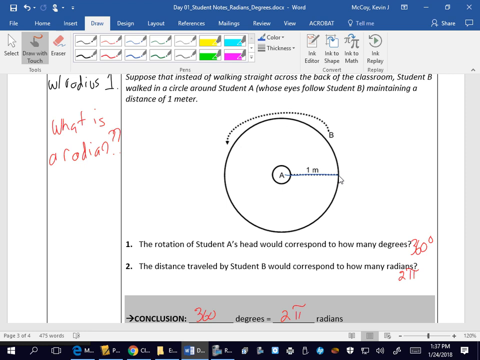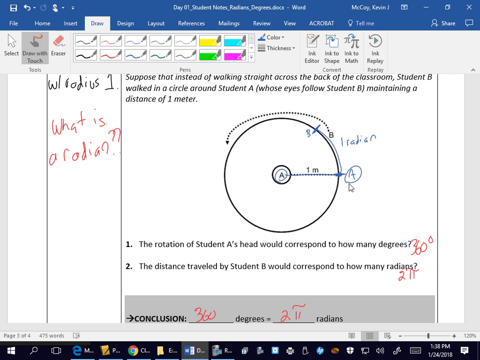If I took the same distance that that radius is, and I started here and walked so that my distance around the circle was exactly the same as the radius, well, this distance right here, from here to here, would be 1 radian, because the distance from this point, we'll call it point A, to point B, is exactly the same distance you would travel from point A out to here.